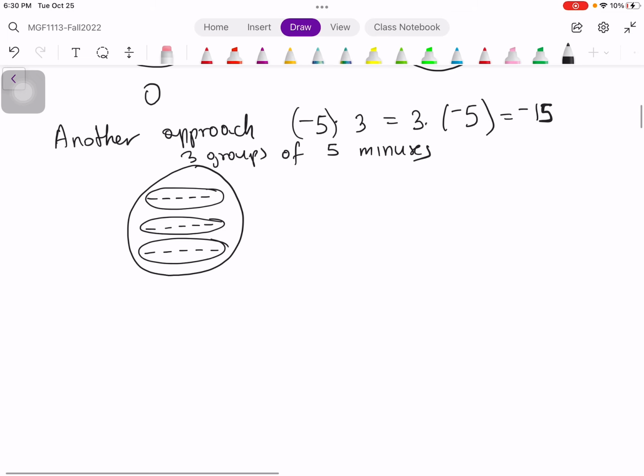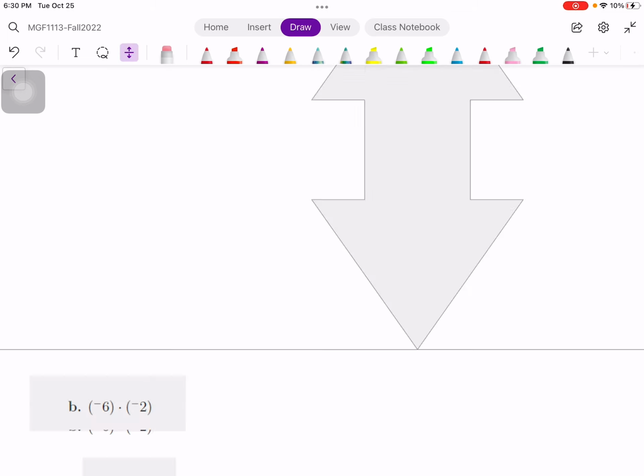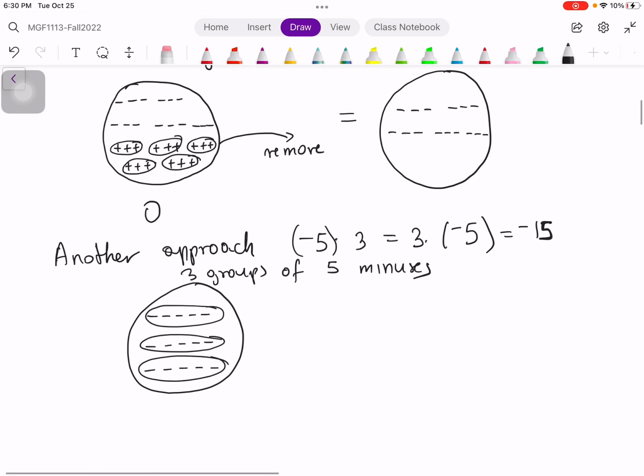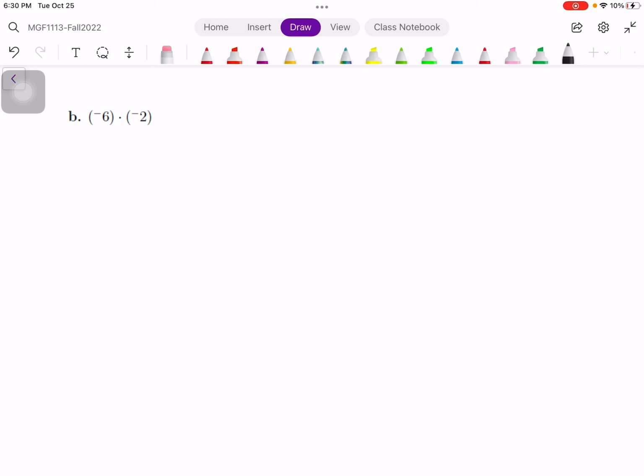Okay, that's one example. Let's look at another. So negative 6 times negative 2, right? Well, here there is no way around it, because multiplication is commutative, but both numbers are negative. So we have to go with this approach of removing.